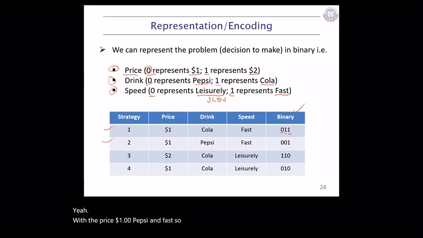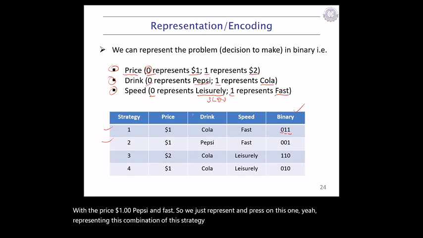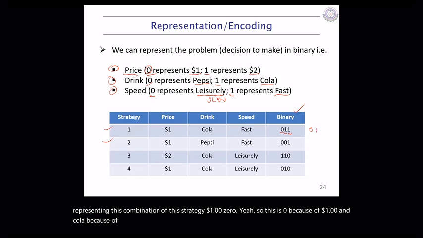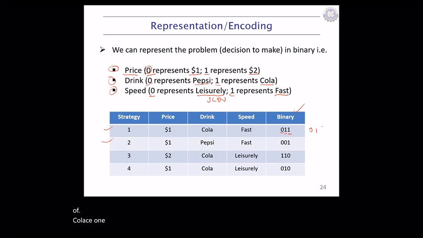Representing this combination: $1 is 0, and Pepsi is 0, and then fast is 1. So strategy 2 is 0 0 1.